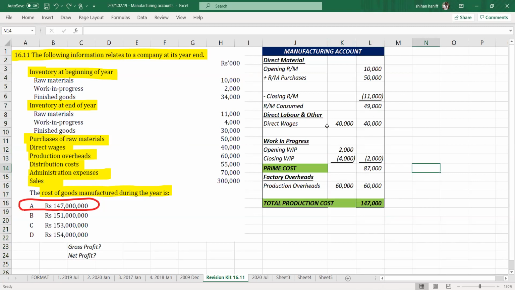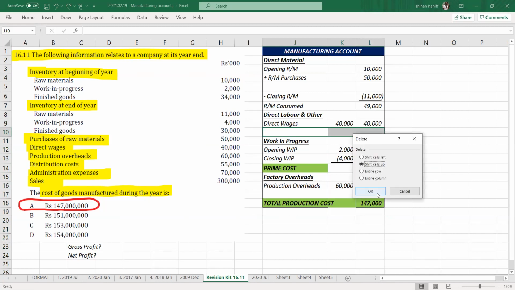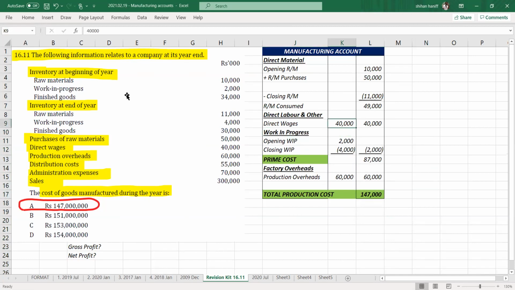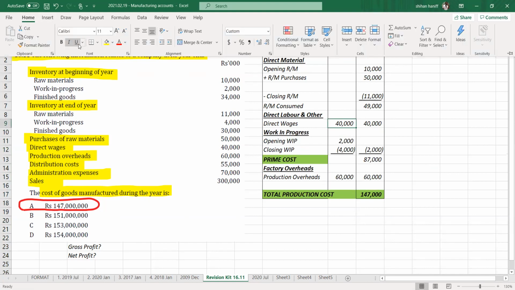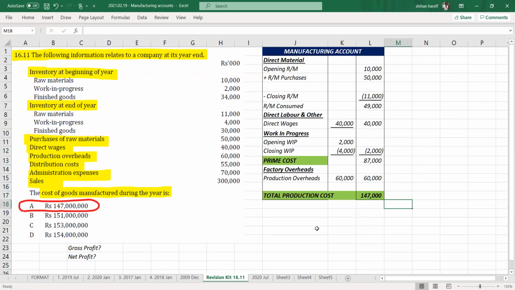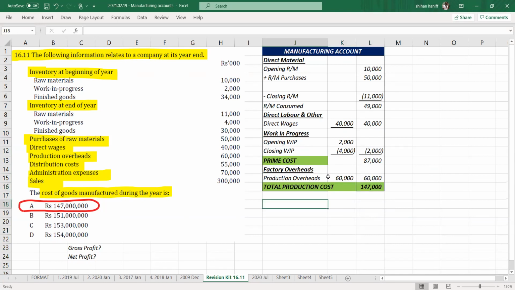Right? Now, the next question is calculate the gross profit. What is the gross profit? How do you calculate the gross profit? Yes. So gross profit we have to calculate using the trading account.